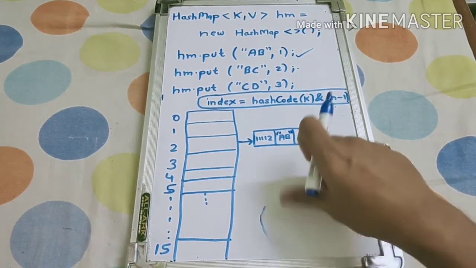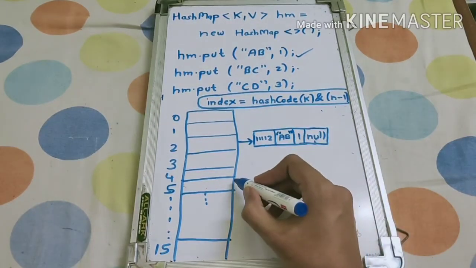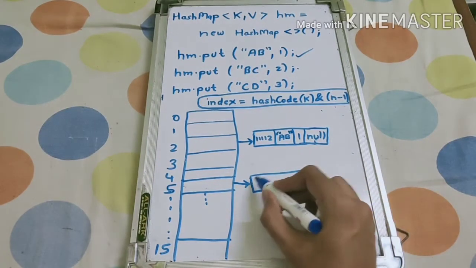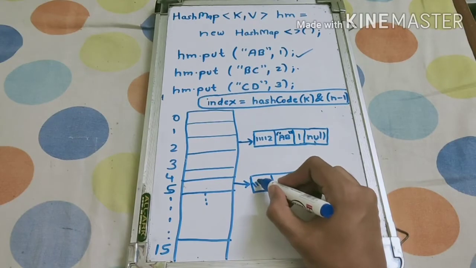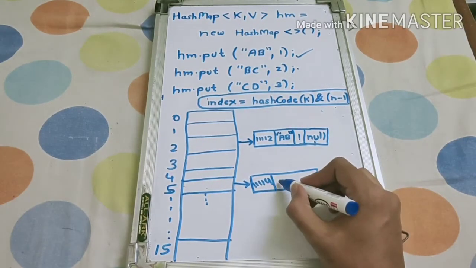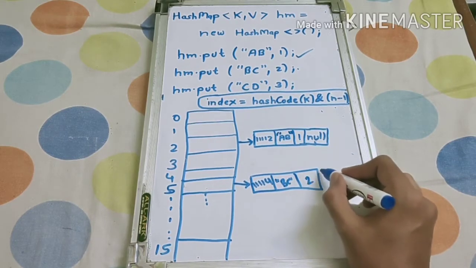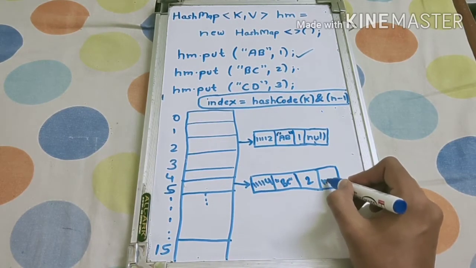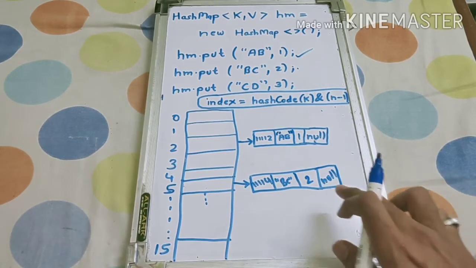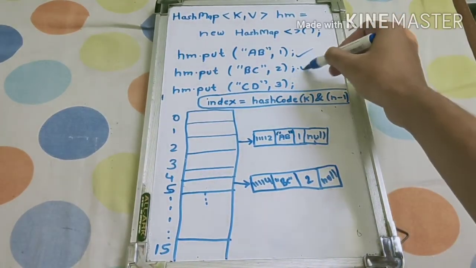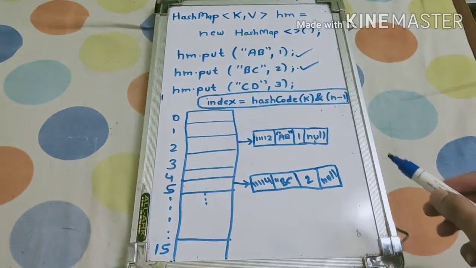It does the same thing and stores the data at index 5. So let's draw this diagram: 1114, then BC, then 2, and here also null, as there is no other node attached to this node. Now this is done.